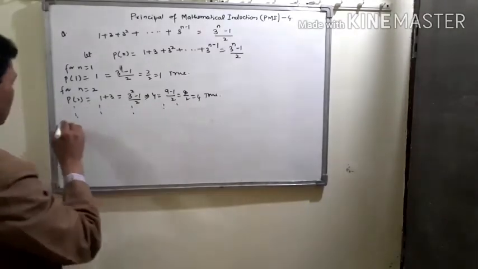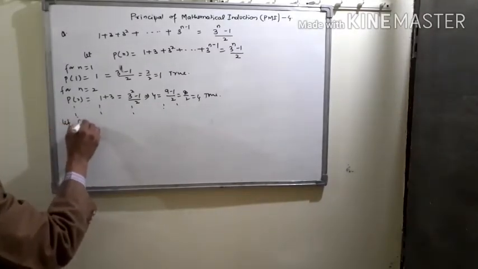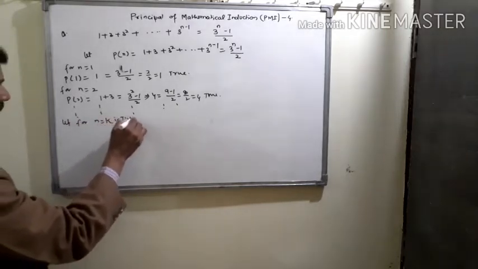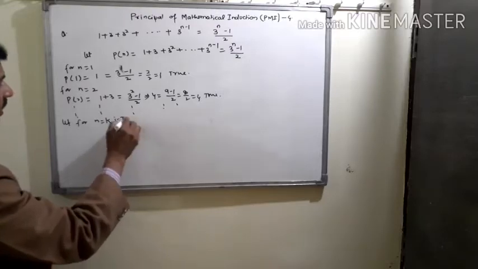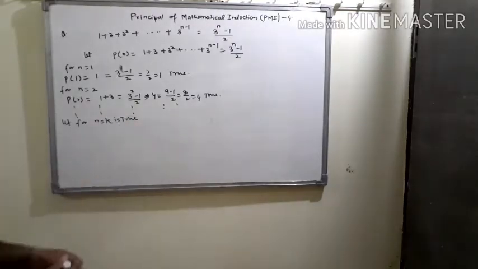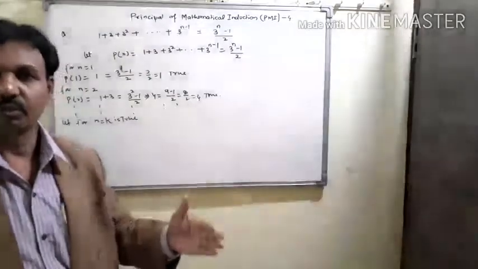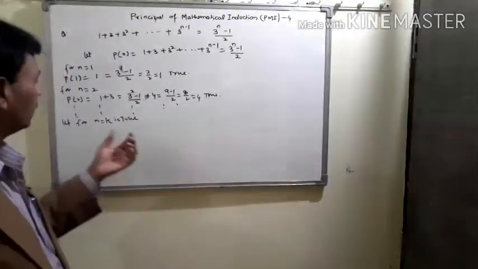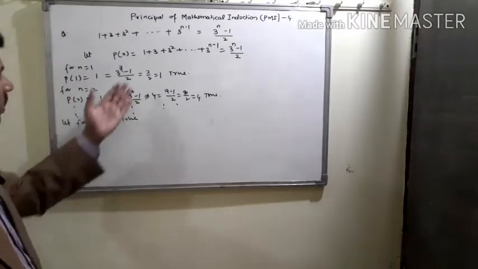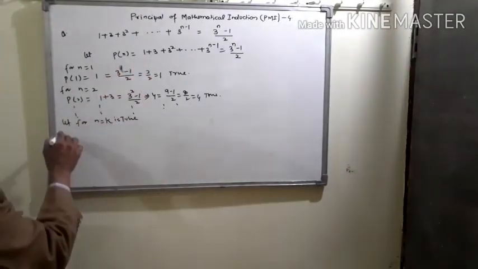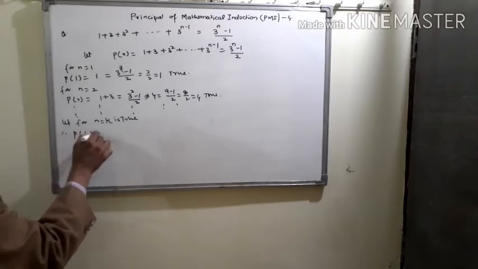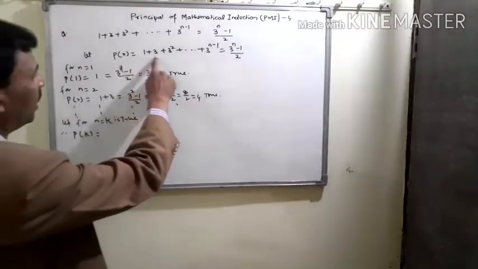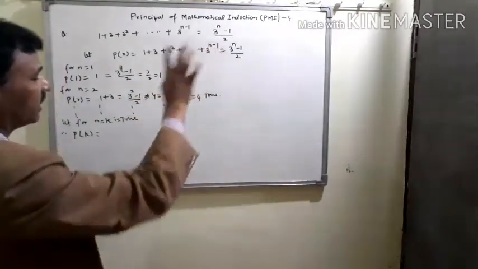Now let us suppose it is true for n = k. If this statement is true for n = 1, true for n = 2, true for n = 3, then we suppose it will also be true for n = k. Therefore P(k): if we take n = k, then we take all terms on the left side and right side both.